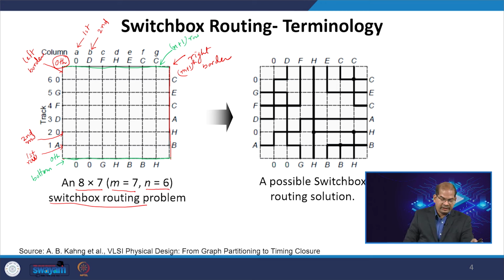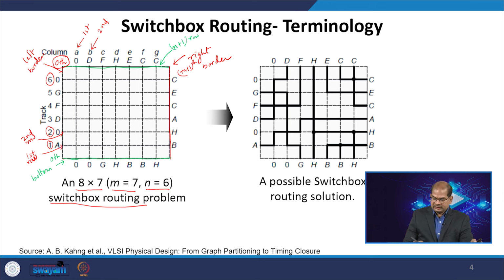You can see n is 1, 2 like this till 6, so that many tracks or rows are there. Similarly, I have A, B, C, D, E, F, G, which is 7. So you have n rows and m columns.